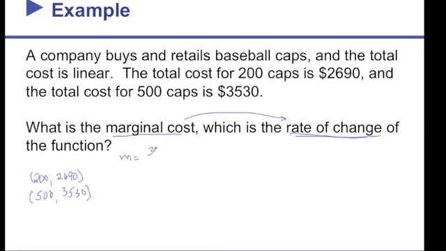So I can put 3,530 minus 2,690 divided by 500 caps minus 200 caps. I end up with 840 over 300, and when I divide that, it comes out to 2.8. So the rate of change of this function is 2.8.